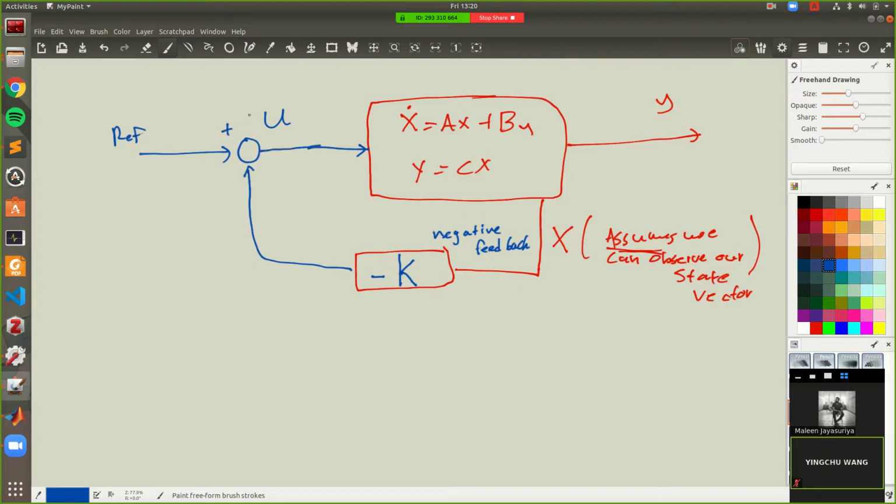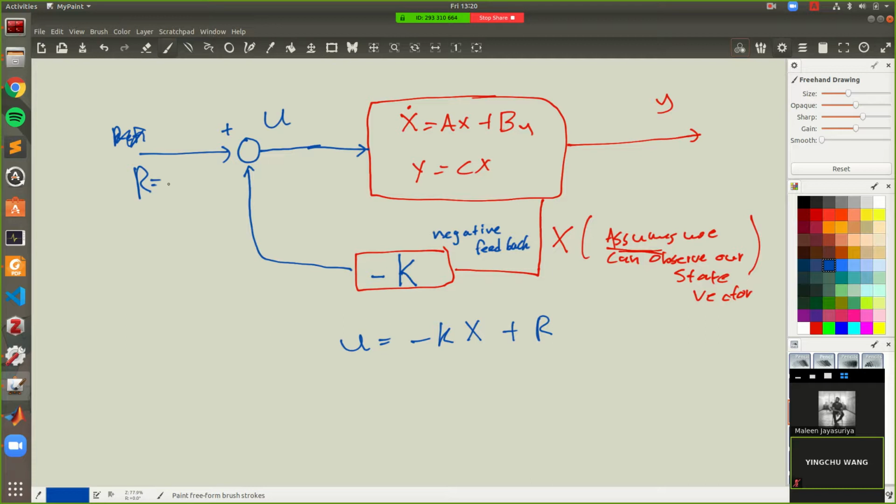So our new input is equal to, instead of reference, I'll call this R, minus kx plus R. So R is typically the reference value that you want the system to follow.